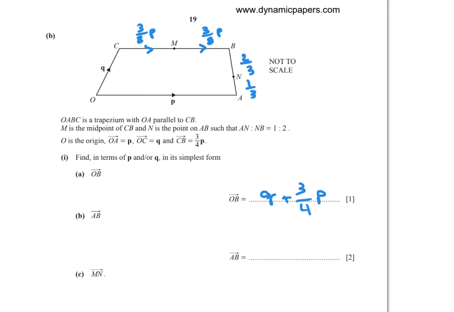So negative B because of opposite direction, plus Q plus 3 over 4 B. So negative B plus Q plus 3 over 4 B. Combine the like terms, 3 over 4 and negative 1, so negative 1 over 4. So negative 1 over 4 B plus Q.